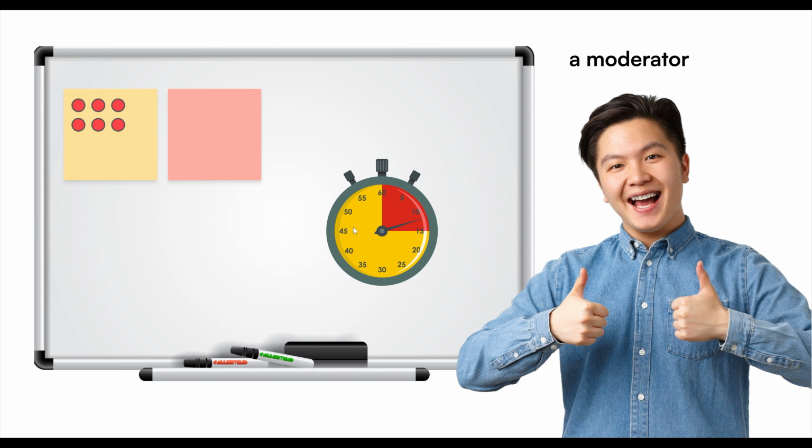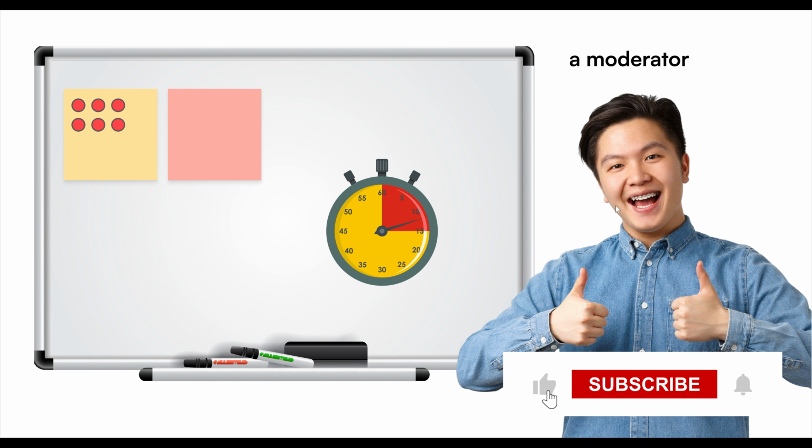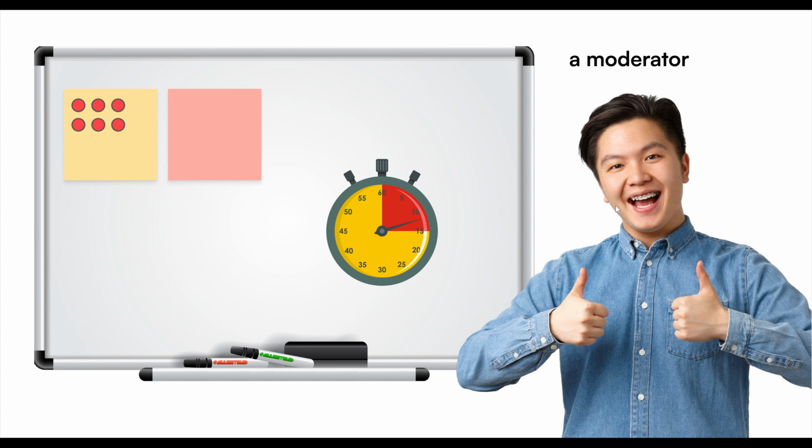We use a timer so everyone can see the countdown, a whiteboard for all the workspace, and most importantly, a moderator. This person can participate, but they are in charge of guiding the flow, setting timers, and cutting people off if they start over talking.